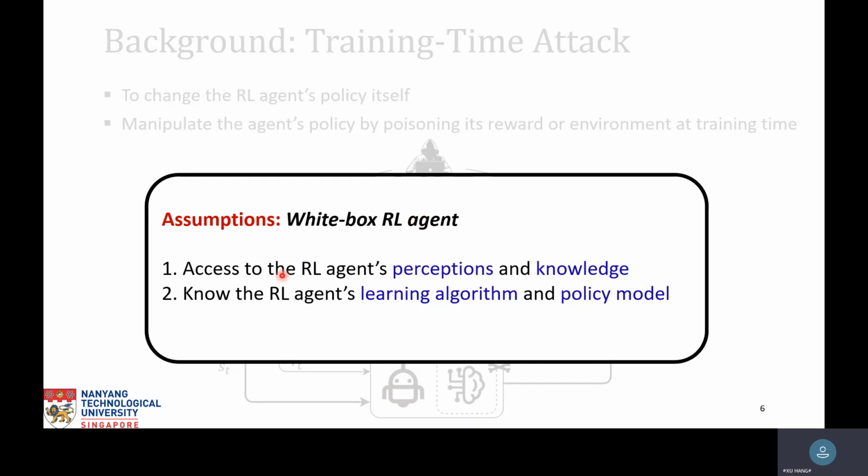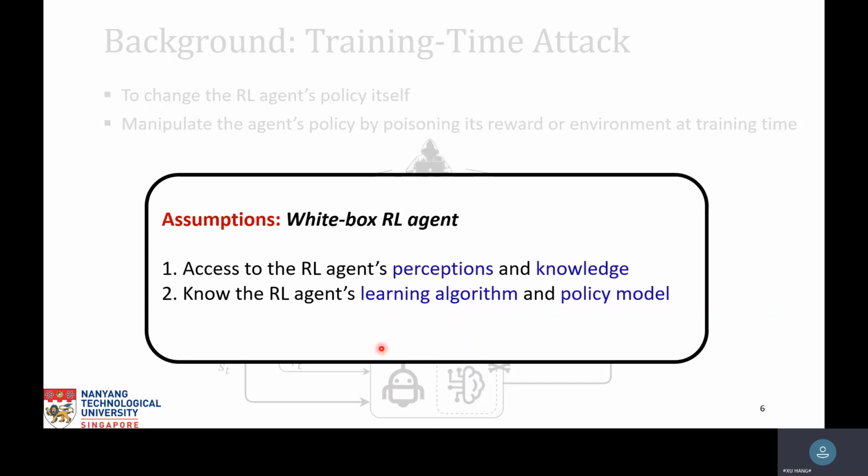This means the attacker can access the agent's perception and knowledge in order to get the complete interaction between the agent and the environment. The attacker also knows the agent's learning algorithm and the policy model. In this way, the attacker can design a specific attack strategy for a specific learning algorithm.